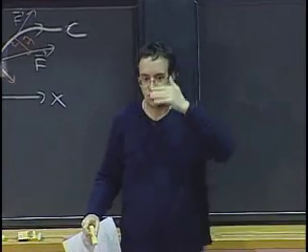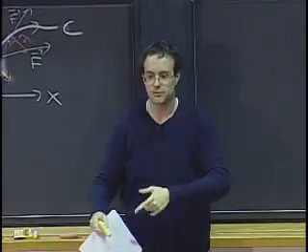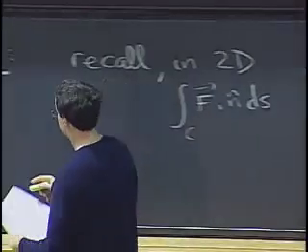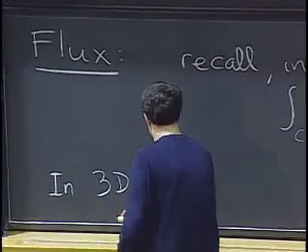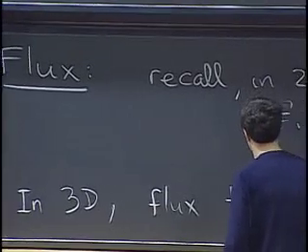See, to have a flow through something, you need actually a surface. If you have a net, maybe, then you can ask how much stuff is passing through that surface. So there's going to be a big difference here. In the three-dimensional case, flux will be measured through a surface.